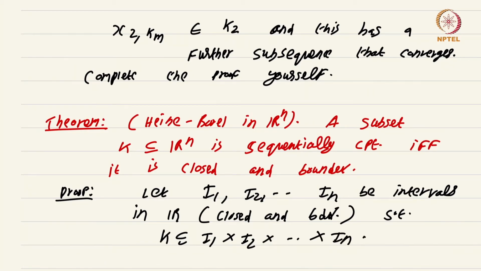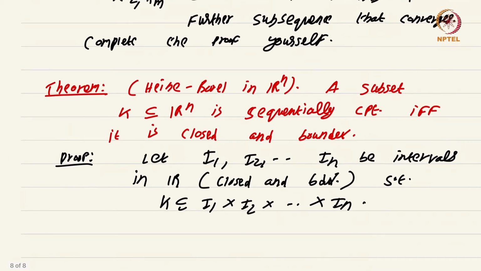Because K is bounded, I can find closed and bounded intervals in R such that K is a subset of the product of these intervals I1, I2 ... In.